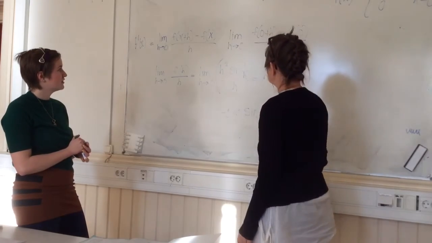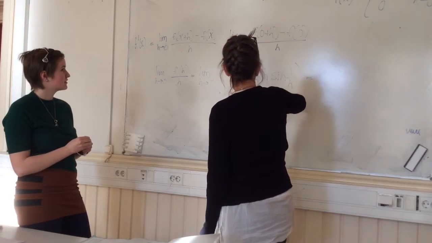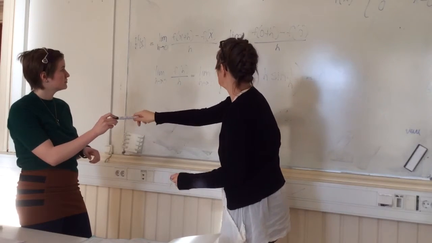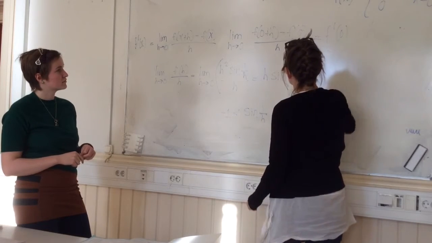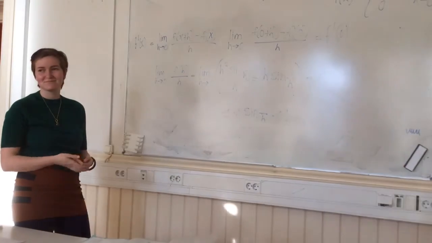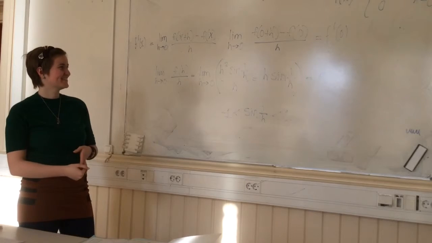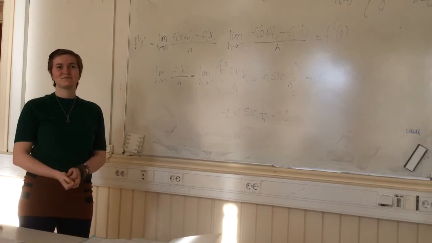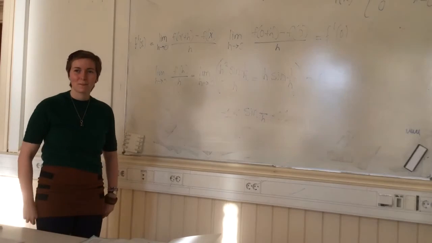When you plug in, this is f prime of 0, right? You can make an arrow. Good. But I think there is more to enjoy here. Isn't it beautiful that we actually have proved that the limit exists and therefore we find the derivative? So f prime of 0 is 0.